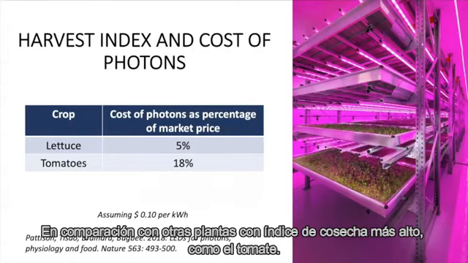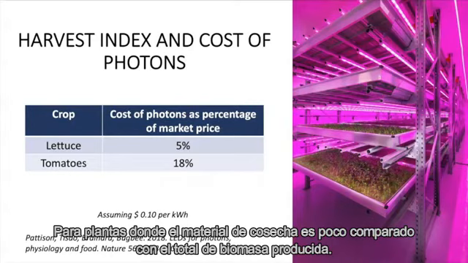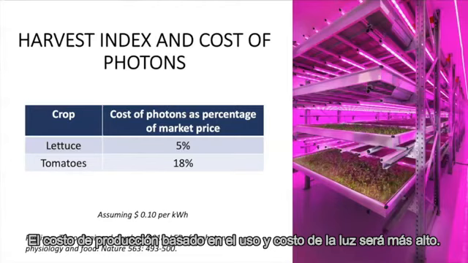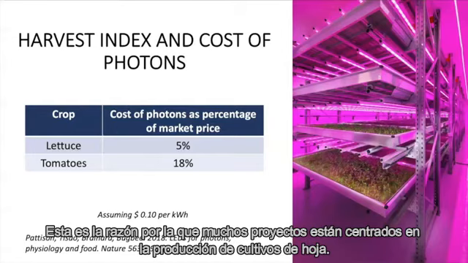In comparison to other plants with higher harvest index, such as tomatoes, where the cost of photons can be around 18%. For plants where harvested material is low in comparison to the total plant biomass produced, cost of production based on the use and cost of light will be higher. This is why most indoor facilities are focused on leafy greens.